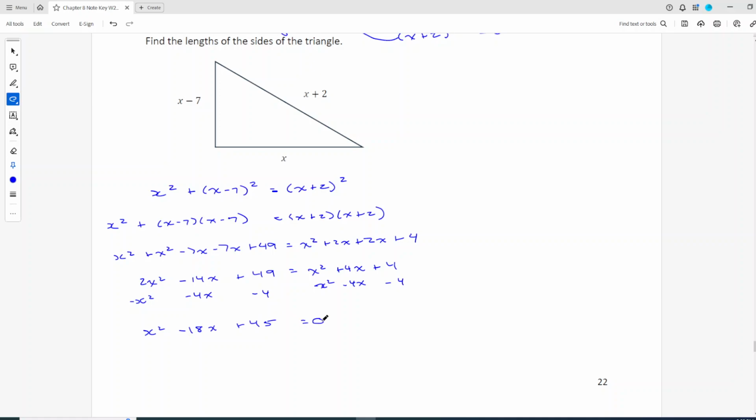Okay, you get to choose. Do you want to complete the square? Which you can. This nice middle term is even. So you can complete the square, or you could use the quadratic formula, or are there two numbers that multiply to give me 45 and add to give me 18? I'm doubting it. I don't think you can. Oh, you could. This one's factorable.